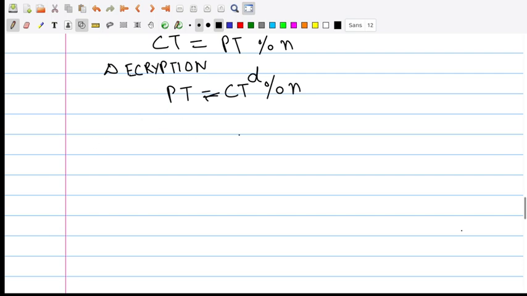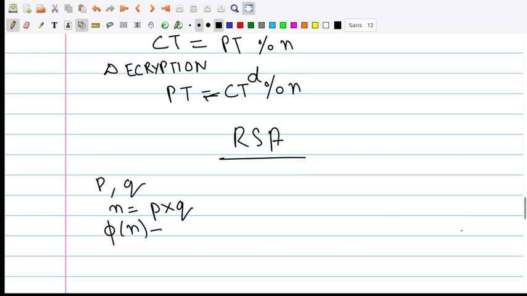Let me just quickly summarize it. For RSA, we started with two prime numbers p and q. Then we calculated n, which is equal to p times q. Then we calculated Euler's totient function, phi n, which is (p minus 1) times (q minus 1).